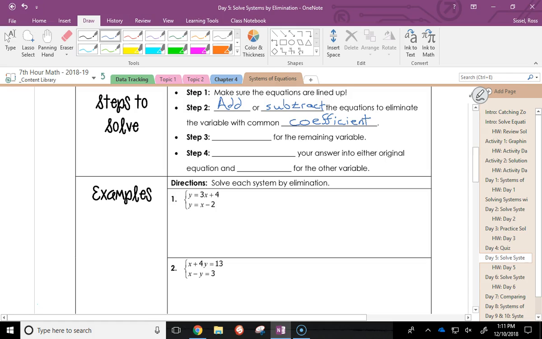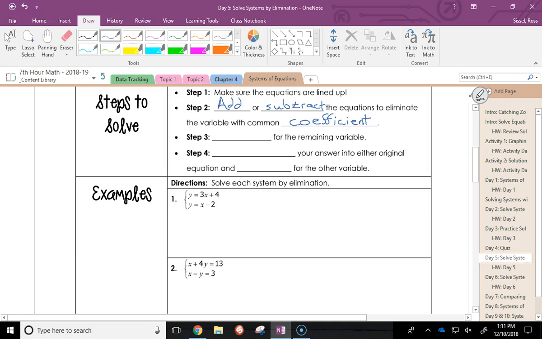If you check today, we're only going to be doing the adding, where it gets rid of either the x or the y. So you only have one variable to solve for. Remember, coefficient is the number, decimal, or fraction that comes right before our variable. And that's going to be one of the key things that you have to do today.